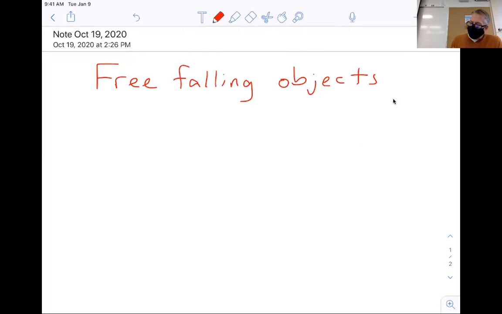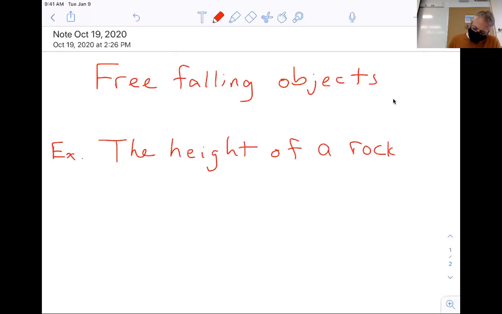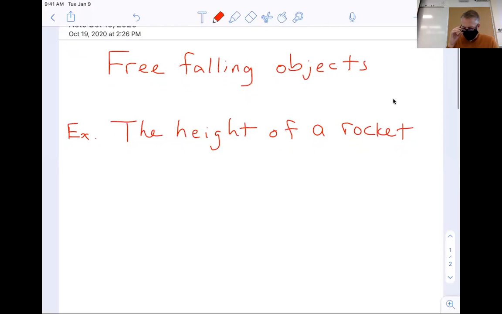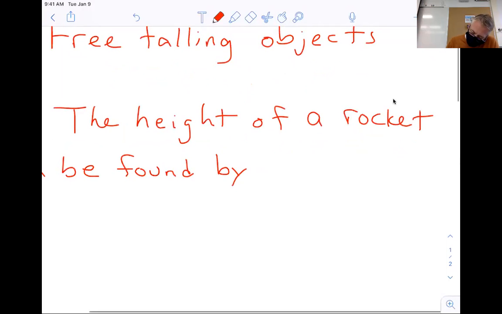And so for free falling objects, let's start with this example. The height of a rocket can be found by the function, okay, so the height of a rocket, which is of course going to blast off and then come back down to Earth, can be found by the function h of t.